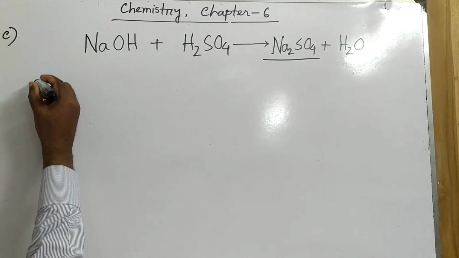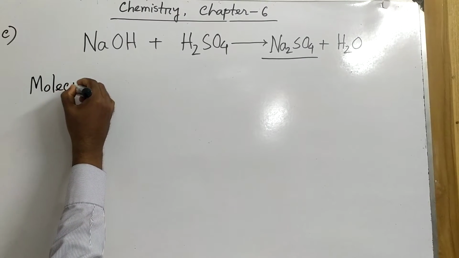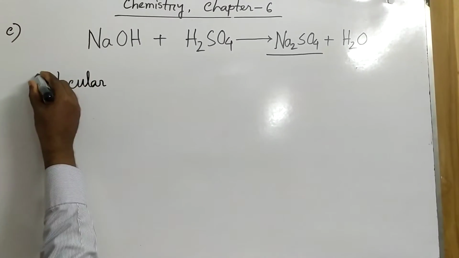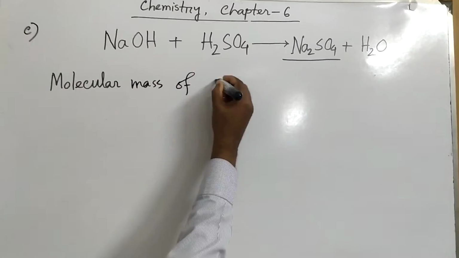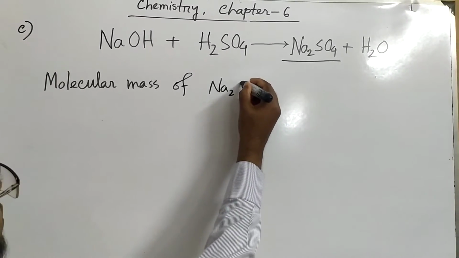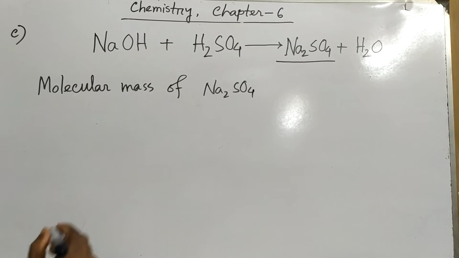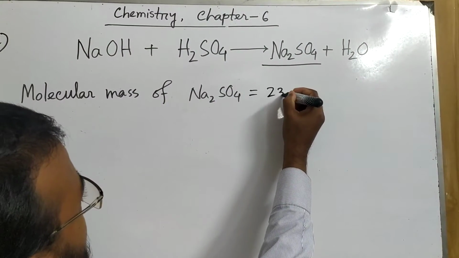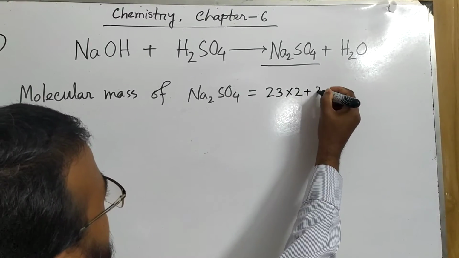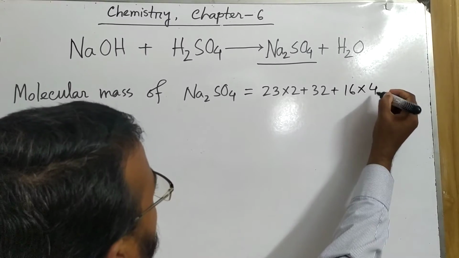So at first we have to write molecular mass of Na2SO4 equal 23 into 2 plus 32 plus 16 into 4.